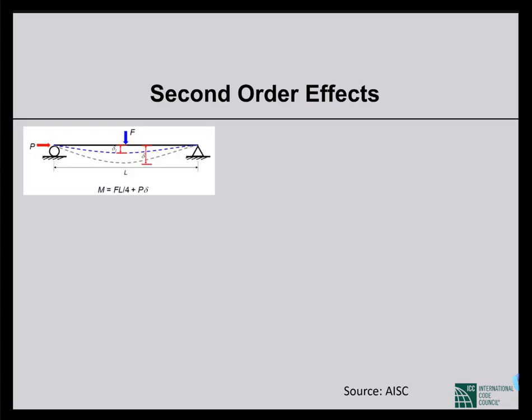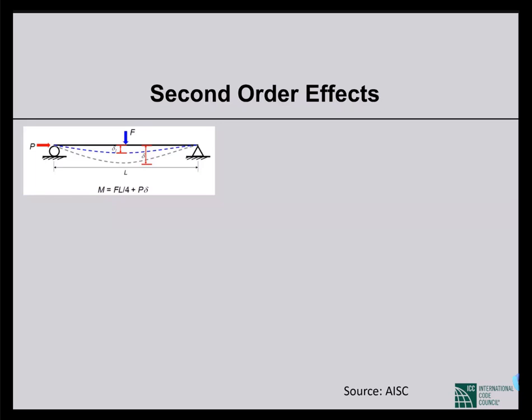What are these second order effects? Now, this is very simple. Suppose this is a simply supported beam. It is subjected to a concentrated load F at the mid span. Then it deflects by an amount of small delta 1.